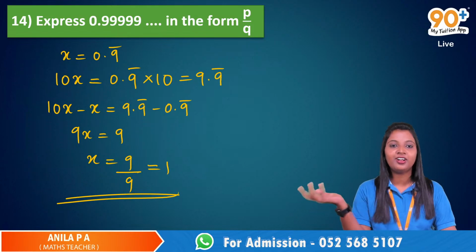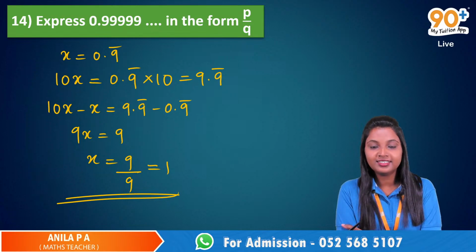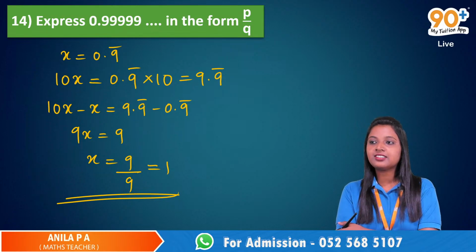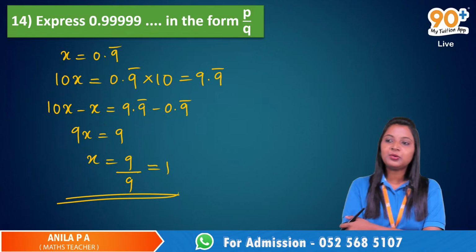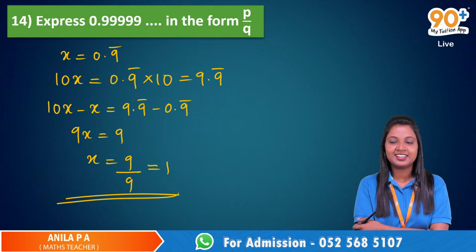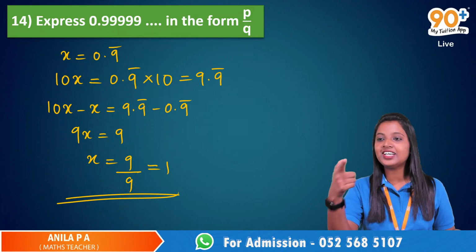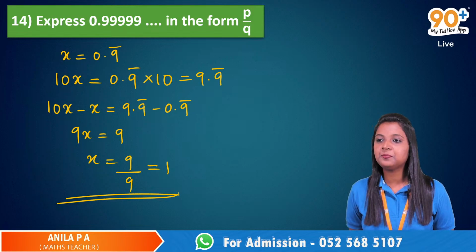Here we took x is equal to 0.9 bar. So, anything wrong? Why did we get the value of x as 1? Are you surprised? It is equal to 1. Any reasons for that? Rehan, yes?